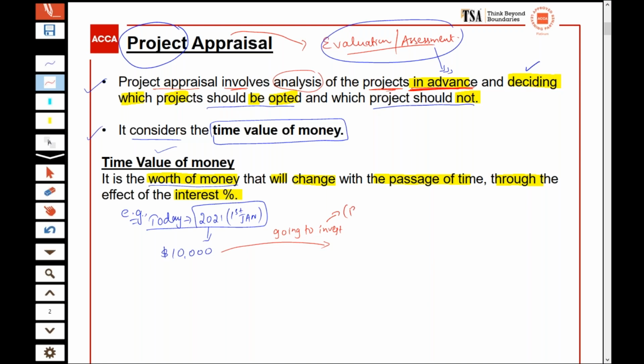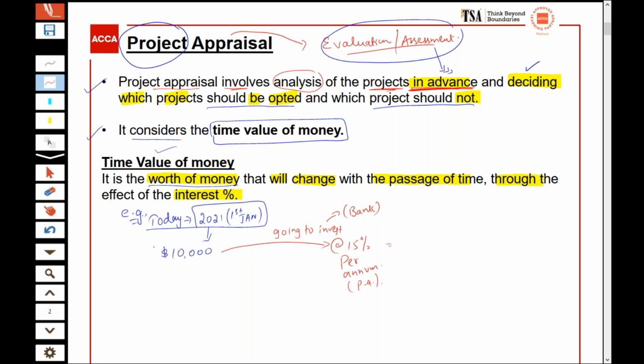For example, I am going to invest in a bank at 15% interest. And this 15% interest is per annum.